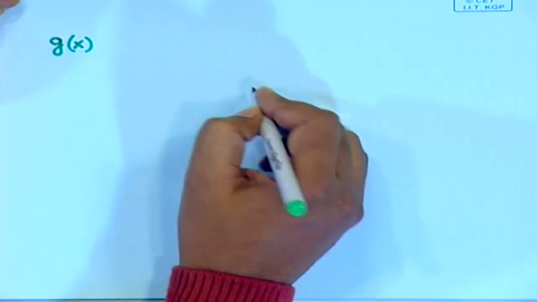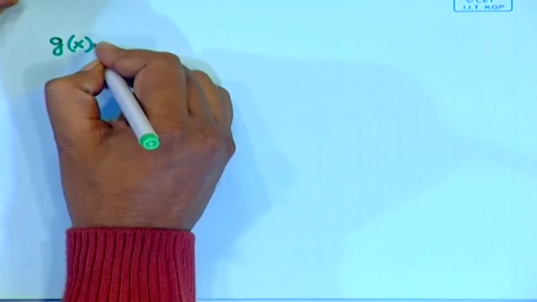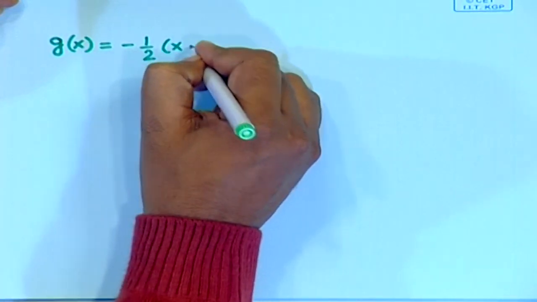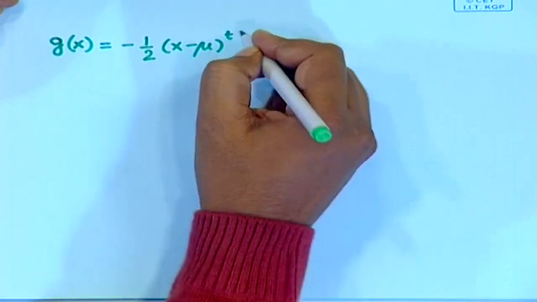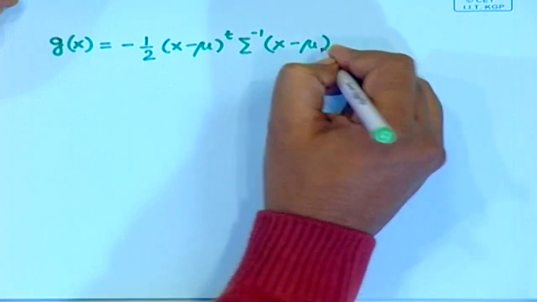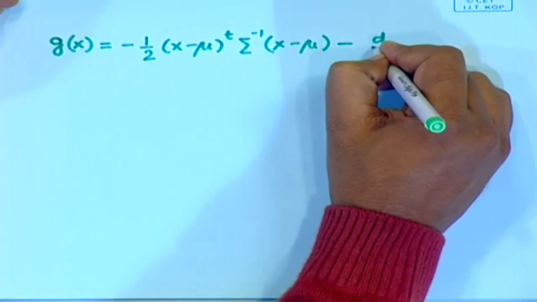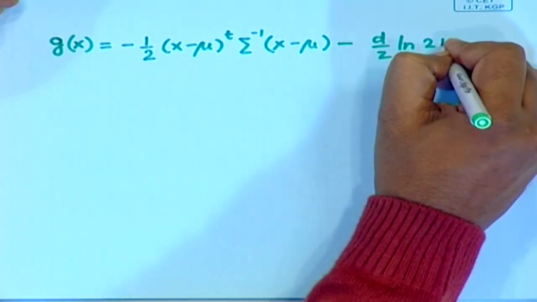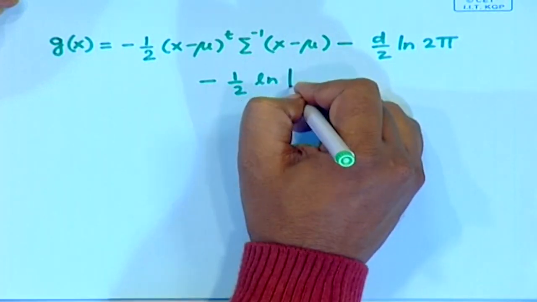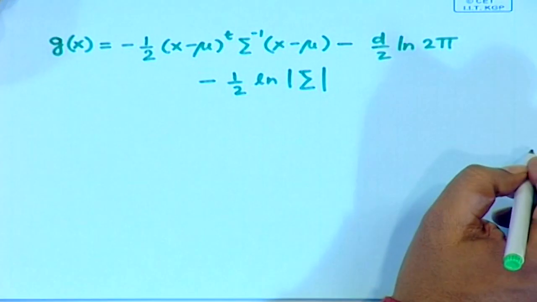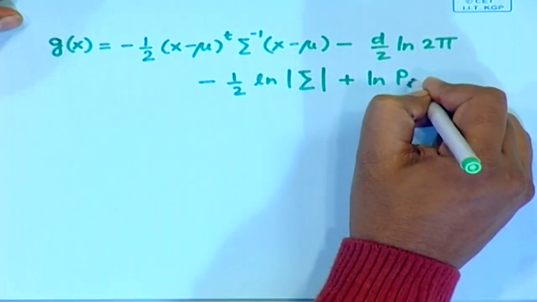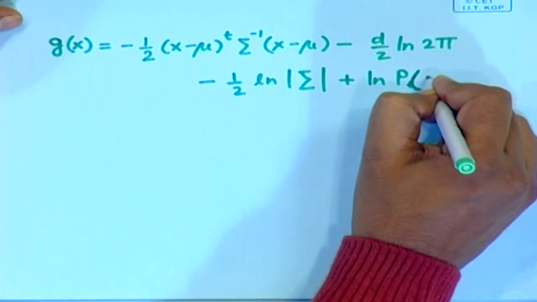Earlier we said that the discriminating function g(x) for different classes is given by minus half (x minus mu) transpose sigma inverse (x minus mu), minus d by 2 log of 2 pi, minus half log of the determinant of the covariance matrix, plus log of P(omega i).